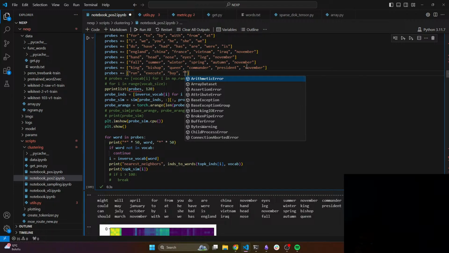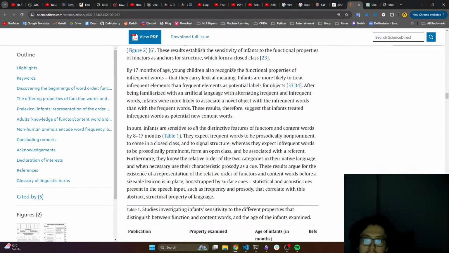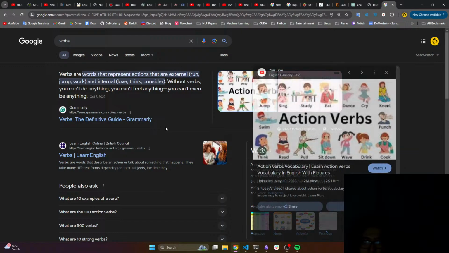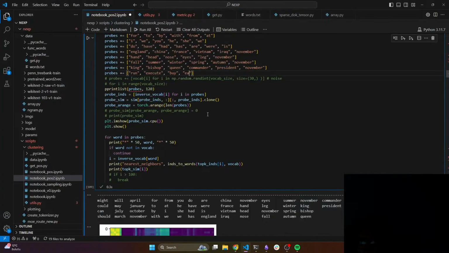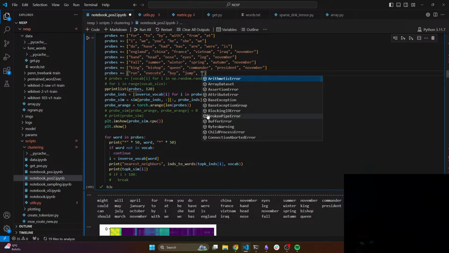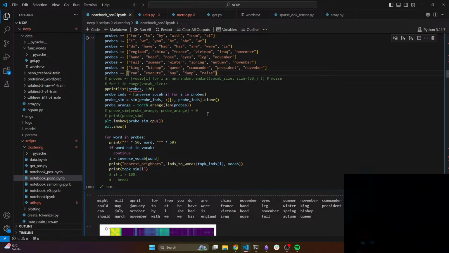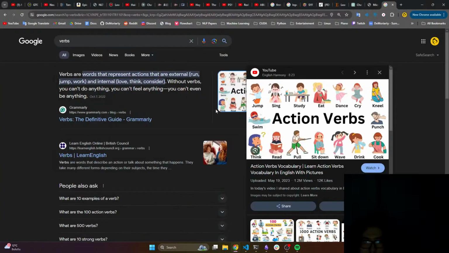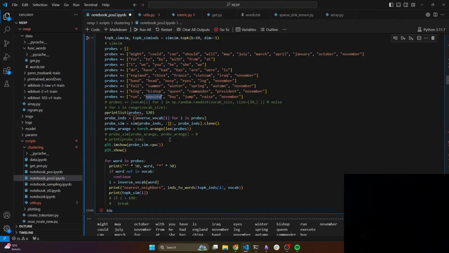Why can't I think of verbs? Give me some sample verbs. Right, jump, sing, eat, no, jump, raise. Now what is not in this? Execute, of course not execute. Not think, what about think?